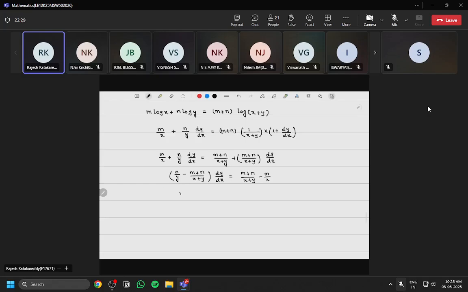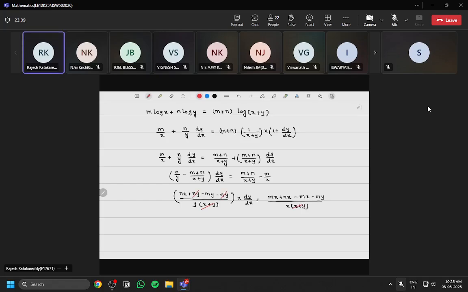So nx plus ny minus my minus ny divided by y into x plus y into dy by dx is equal to mx plus nx minus mx minus my divided by x into x plus y. x plus y is gone on both sides.